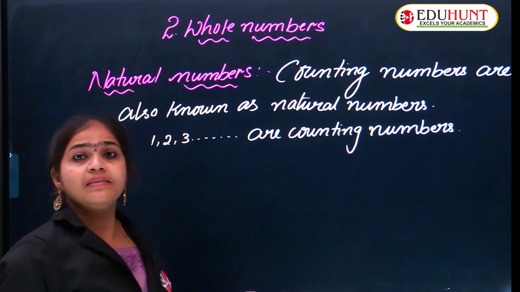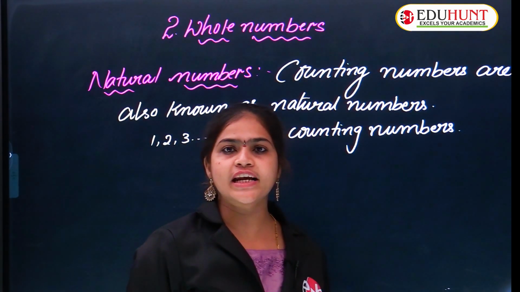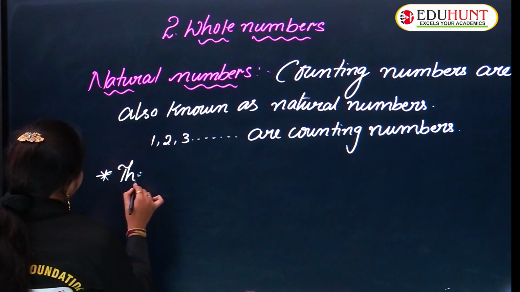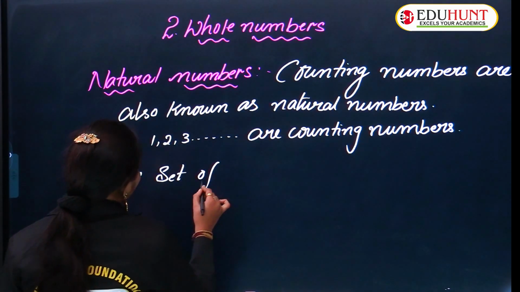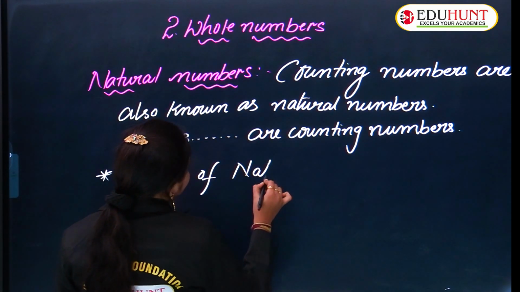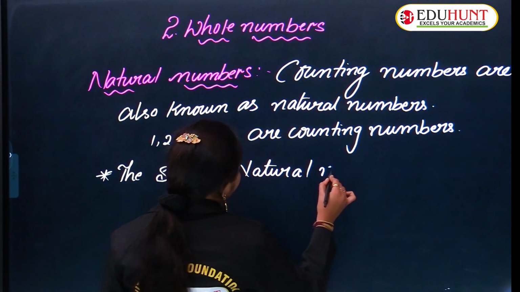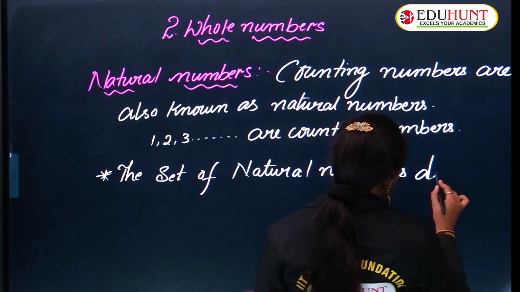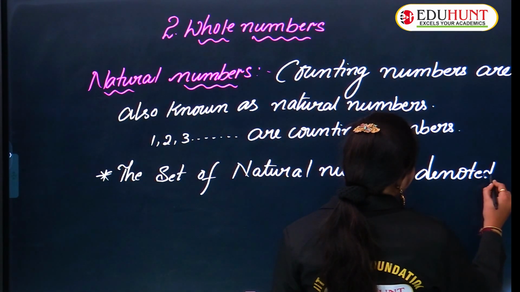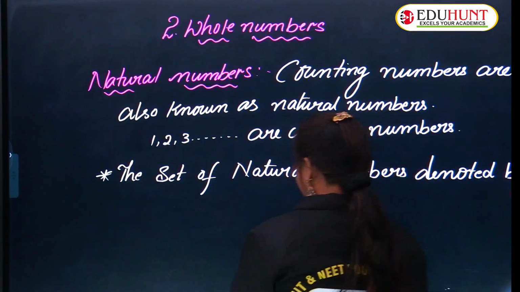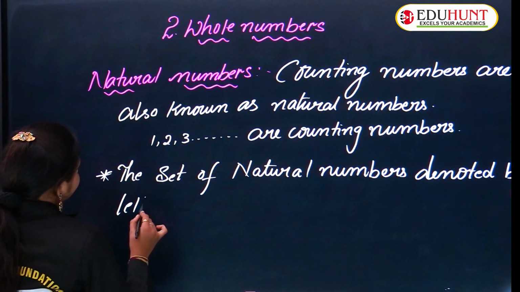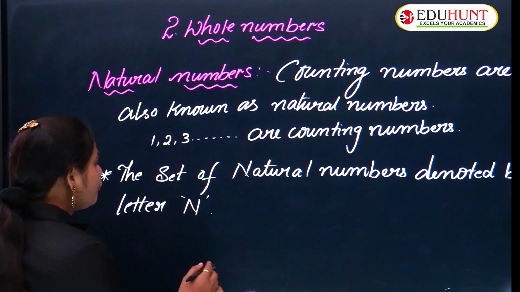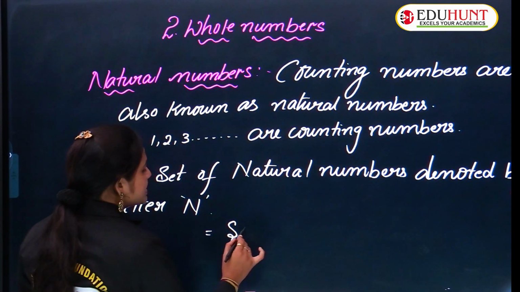Now the set of natural numbers is denoted by the capital letter N. In that set, we just write the natural numbers.